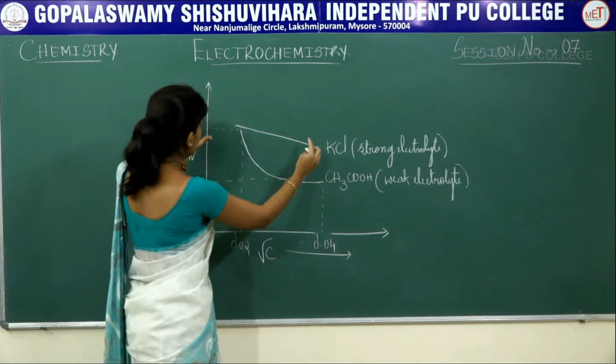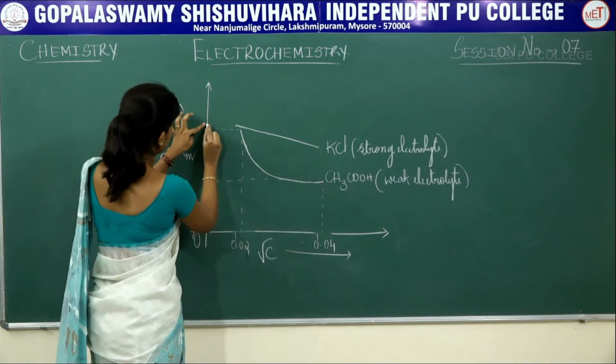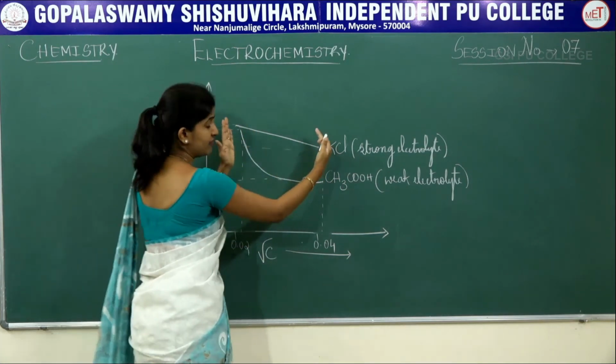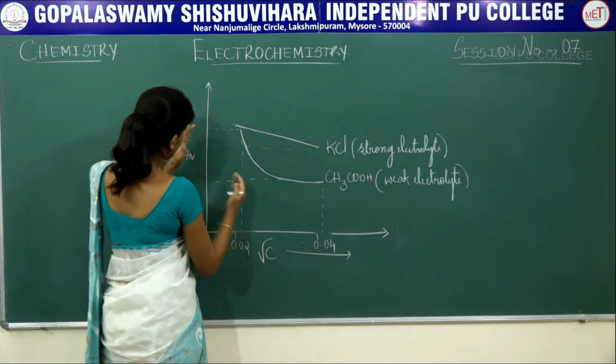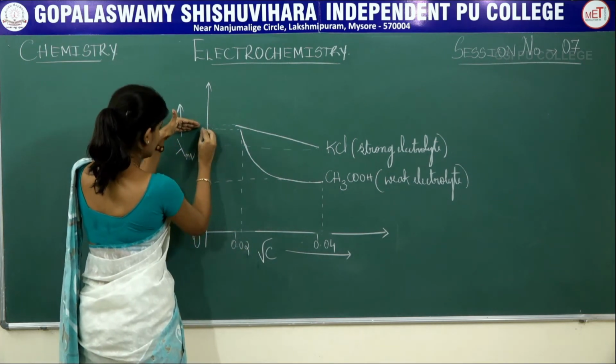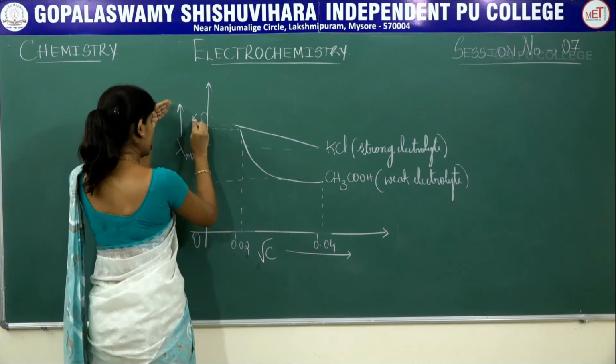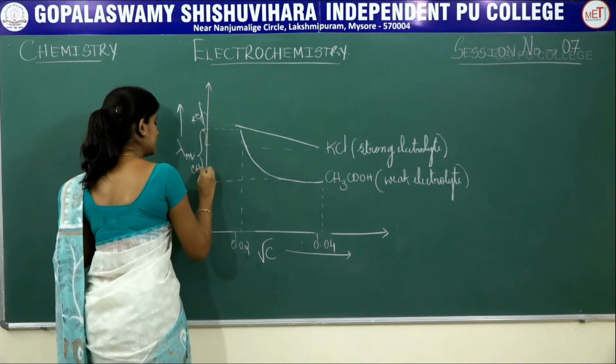If you observe your KCl, it is only this much, only this much upon vast dilution. For acetic acid, you can observe the dilution is this one. This is your dilution for acetic acid, while this is your dilution for KCl. This is your KCl, this is your acetic acid.